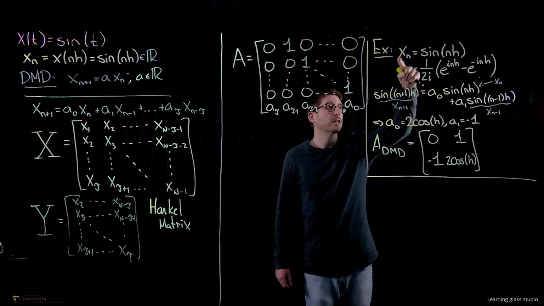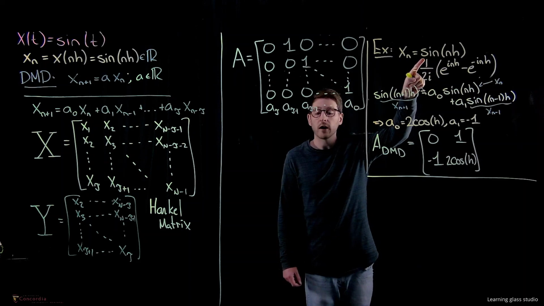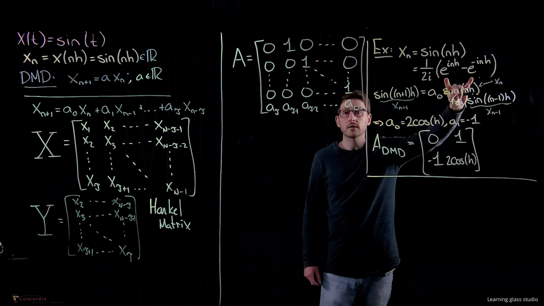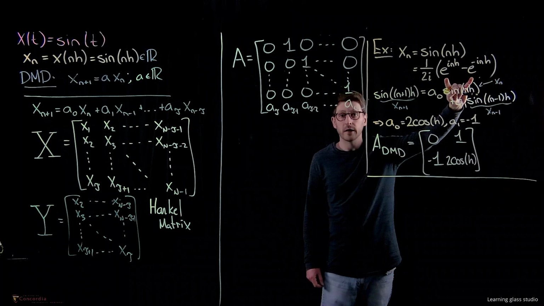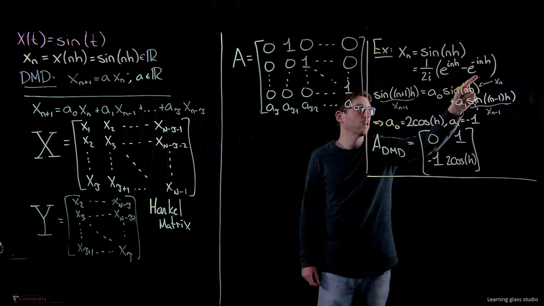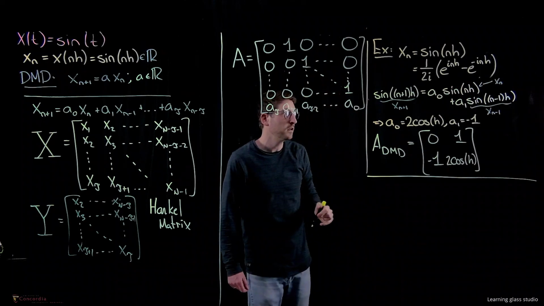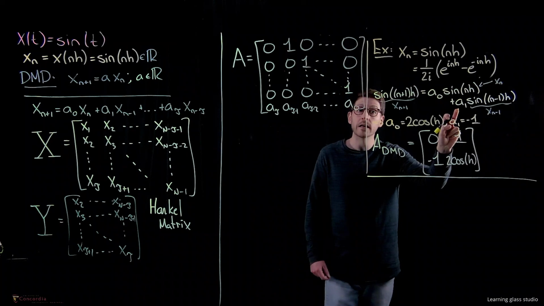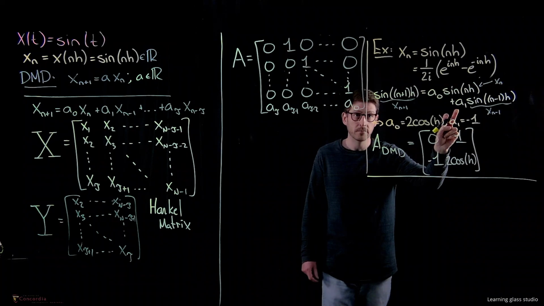So let's take a look at this example. Here I have a sine function, which I said is 2 Fourier components in the complex Fourier series. So 2 minus 1, that's 1. That is only one delay needed to reconstruct this signal.